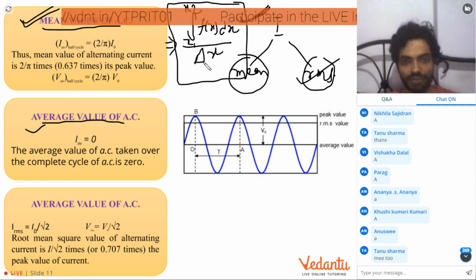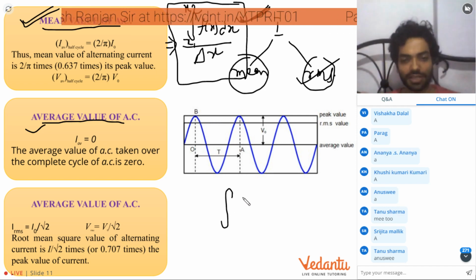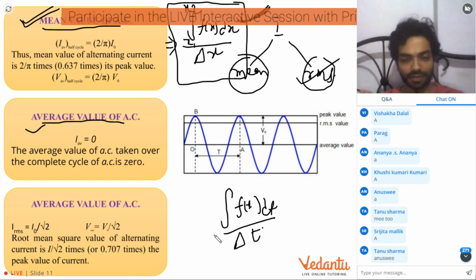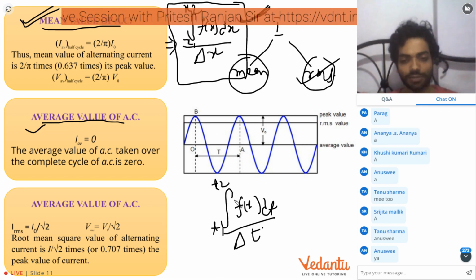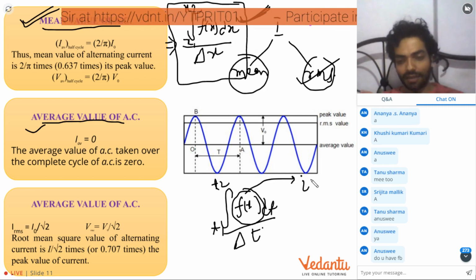But here we are interested in calculating the mean value or the average value of current that we are receiving in a certain time frame. For that, I'll be using the integration of f(t) dt divided by delta t from time t1 to t2. What I need to substitute in place of f(t) is I, which is equal to I naught sine omega t.